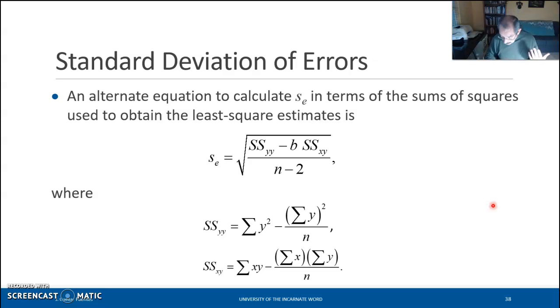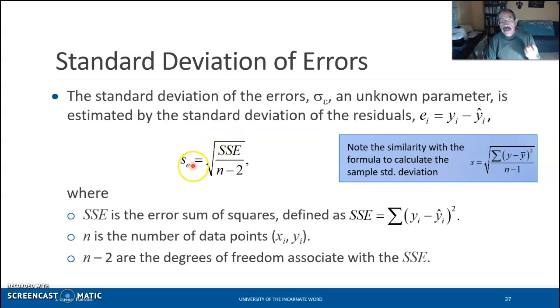If we wanted to calculate this standard deviation of the residuals using this equation, we would have to calculate the predicted value using the regression equation for every value of x in the data set. So that will take some work.